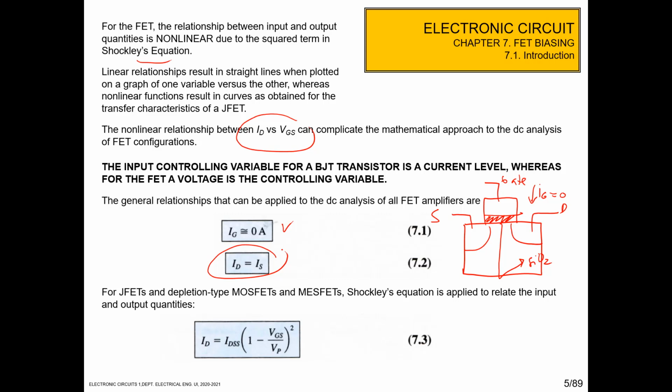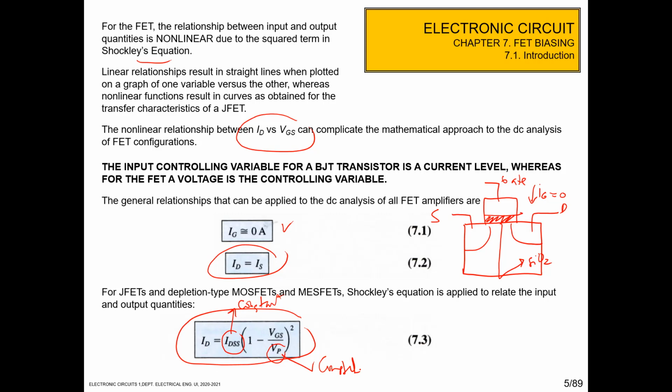For the JFET and also the depletion type MOSFET and MESFET, we use the Shockley equation. So the drain current ID is IDSS, the saturation drain current, multiplied by (1 minus VGS over VP) squared. This is the relationship between the input and output. You can see that IDSS is a constant, and VP is also a constant.